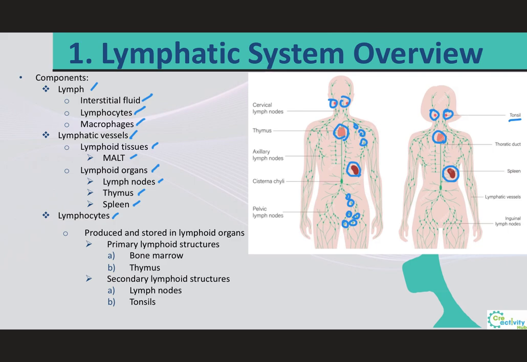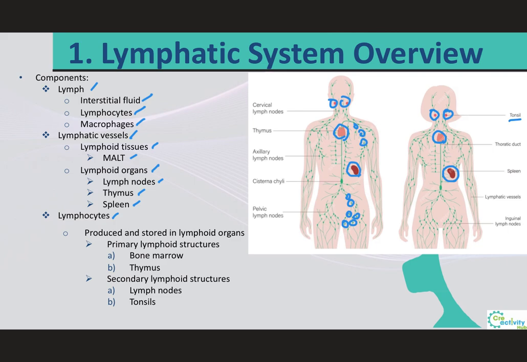Now, the lymphatic vessels often begin within or pass through the lymphoid tissues and the lymphoid organs, which are structures that contain a large number of lymphocytes, macrophages, and in many cases, lymphoid stem cells.